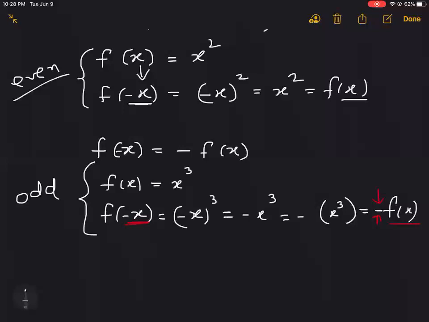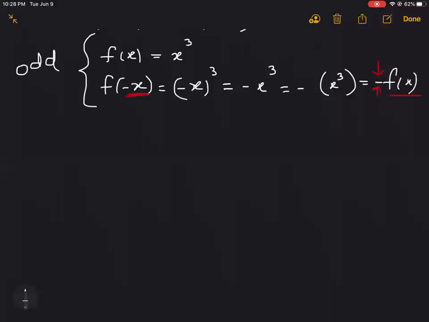Now, what about the graphical representation? Okay, now, if we have a graph, then we can actually eyeball and say whether it's even or odd. So first of all, if a function is even, then it's symmetric with the y-axis, okay?